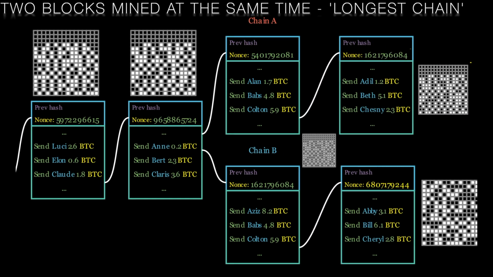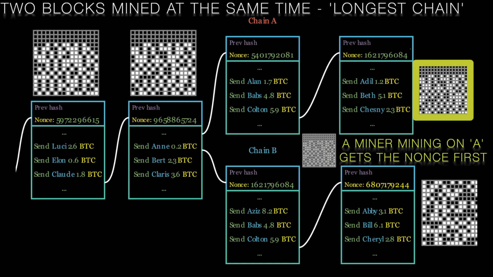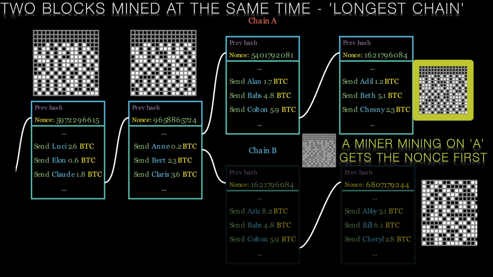The Bitcoin protocol says that miners must mine on the longest chain. That is the chain with the most proof of work. Miners accepting A will mine on that block. Miners accepting B will mine on that. One group will produce a result first. That will then be the longest chain, and all mining will continue on that.